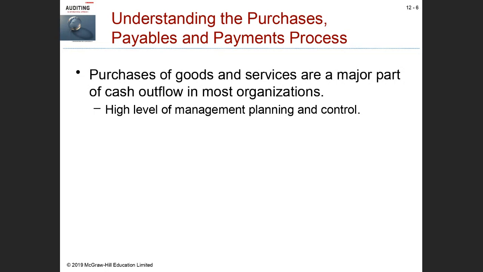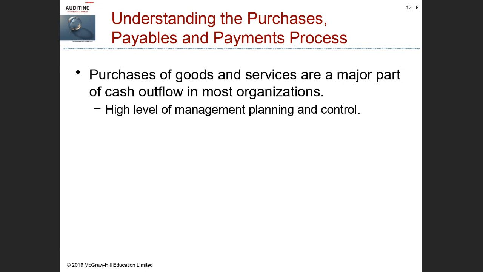Now, one key aspect, of course, when we purchase items, whether we're purchasing assets or purchasing services, incurring expenses, is that it's going to affect the amount of cash that we are spending in our business. And so when we want to ensure that our cash is sufficient in operating our business, what do we do?